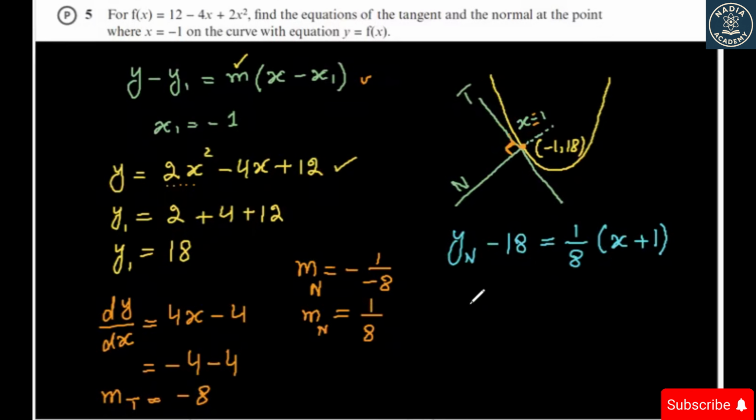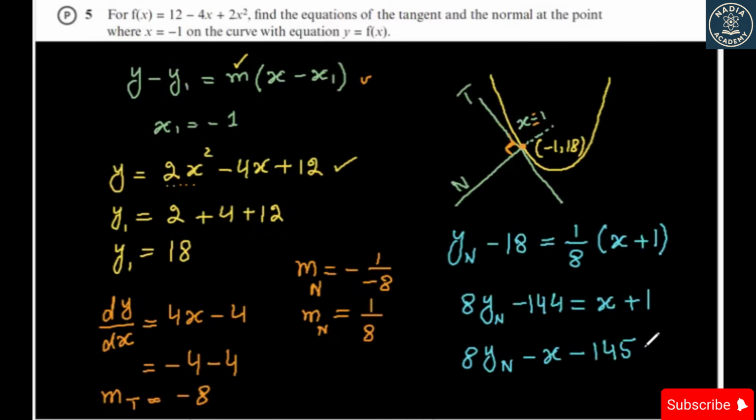This 8 will multiply to the left-hand side, so 8y for the normal minus 144 is equal to x plus 1. So we can simplify it. This time we have x positive on this side. It will be 8y minus x minus 145 is equal to 0. So this is the equation of the normal.